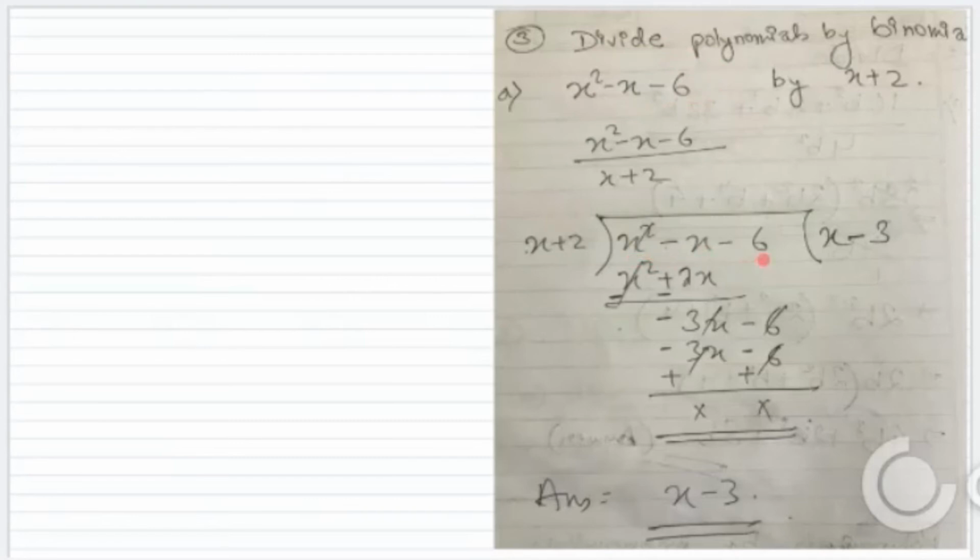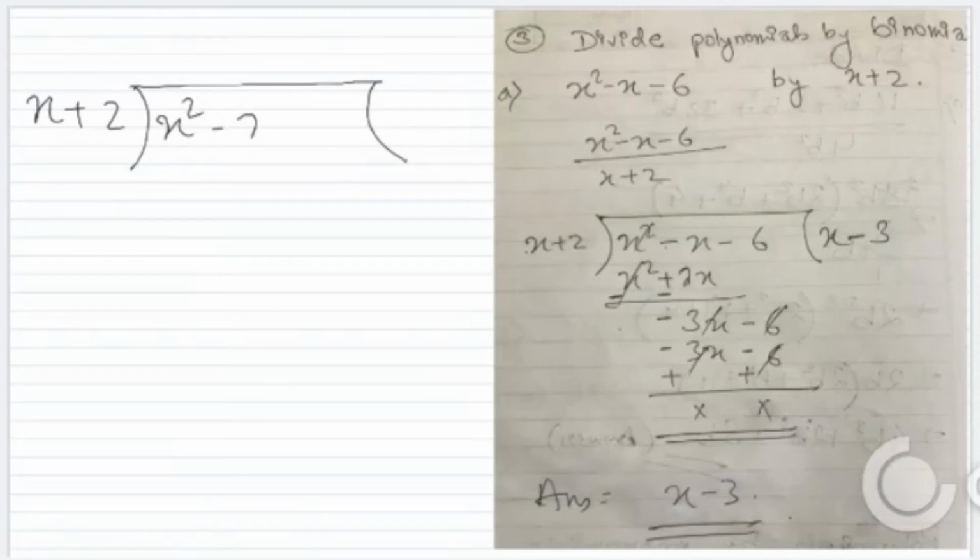Okay, so now you see, first of all let us take only these two terms, x square minus x. It will be easy for you to understand if you can follow the screen out here. I'll do it for you. So it is somewhat like this: x plus 2, and inside it was x square minus x minus 6.